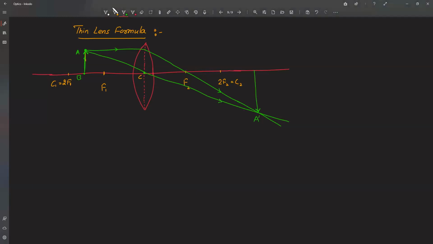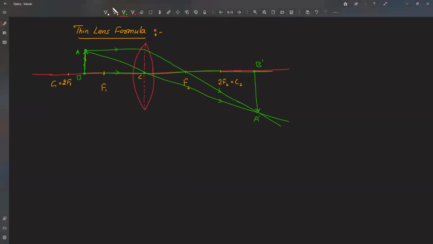Similarly, every point on AB will have an image here. And what will be the image of B? You can think of the ray passing through this and like this. So this will be the image B dash.